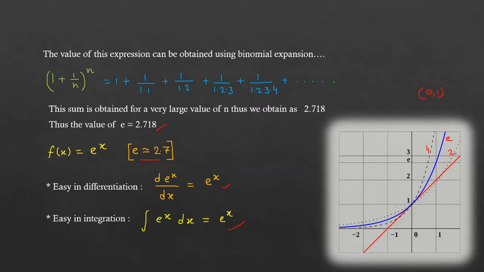But if we draw a straight line through the point (0, 1), keeping the slope as 1, we will find that it acts as a tangent only for the function e to the power x. So you can consider it a specialty of it.